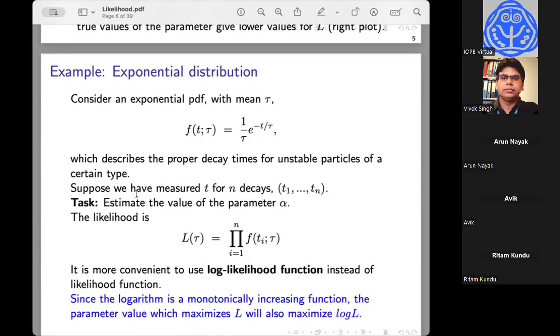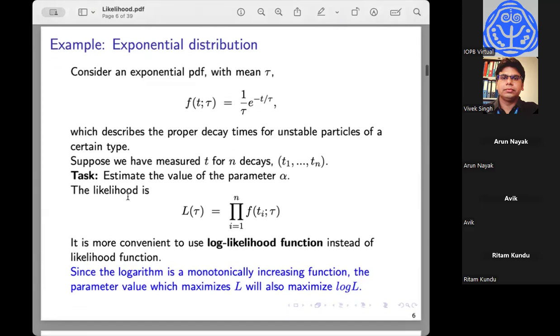Suppose you have some measured values of the time for n decays, t1 to tn. Now the task is to do the maximum likelihood fit and calculate the value of the parameter tau. I don't know why I wrote alpha, it should be tau.